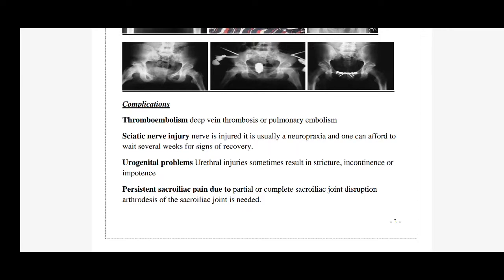Urogenital problem, either from the injury itself or iatrogenic, from insertion of the Foley's catheter, which results in stricture, incontinence, or even impotence. Persistent sacroiliac pain due to partial or complete sacroiliac joint disruption or arthrosis of the sacroiliac joint, and sometimes arthrodesis is needed.